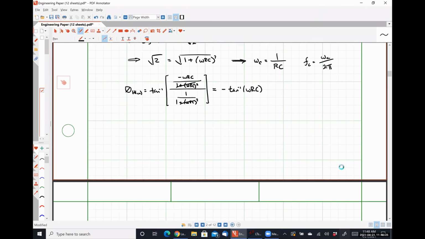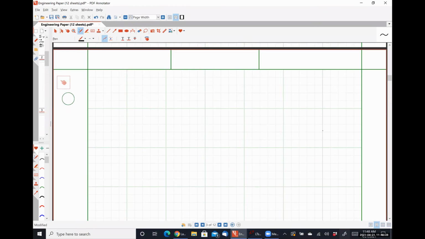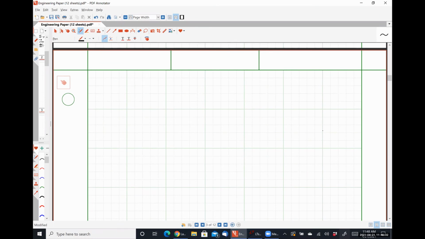Now, let's consider this network. You can tell me what my transfer function should be.